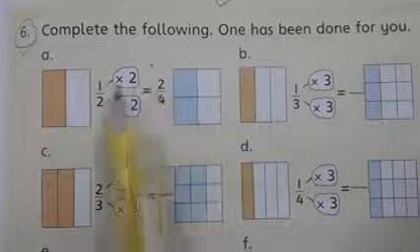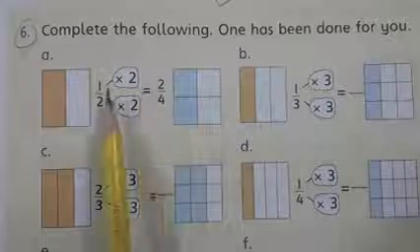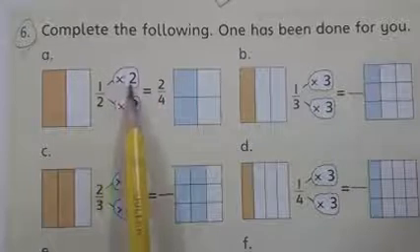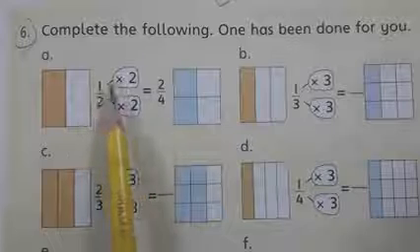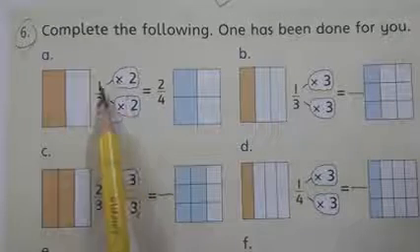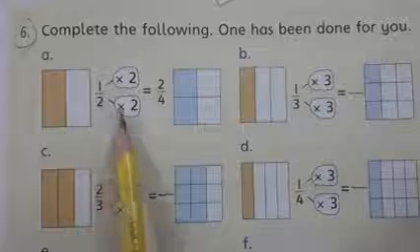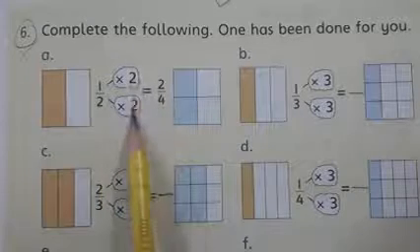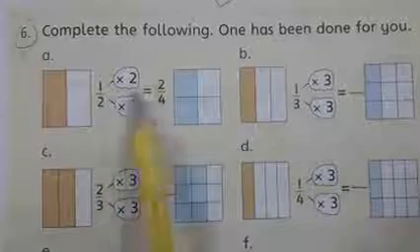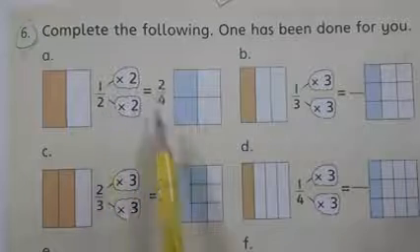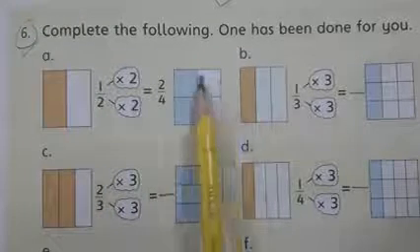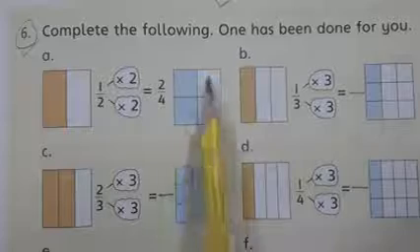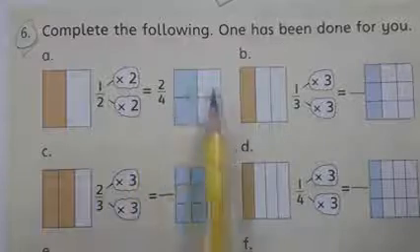It may be 2, it may be 3, it may be any number, but with the same number. So we multiply 1 numerator with 2 and denominator with the same number. 2 multiply 2. So 2 ones are 2 and 2 twos are 4. Here you can see the fraction. Both of these fractions are equal.